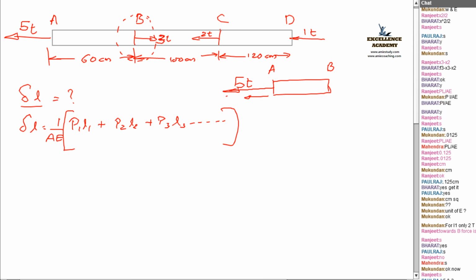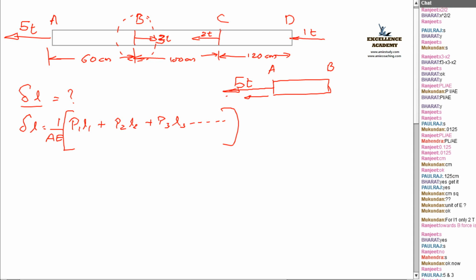So that much reaction force must be there at the point B also. Agreed? So I am going to draw the free body diagram like this. That is also 5 ton. So 5 ton is acting on the point B.